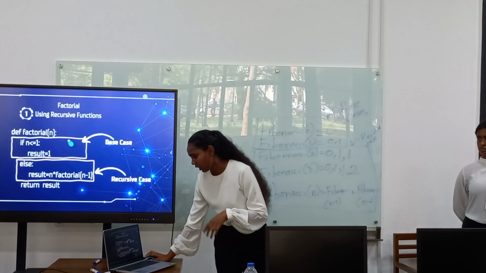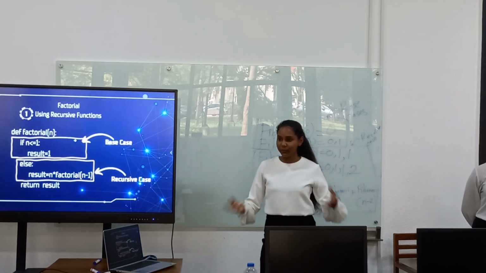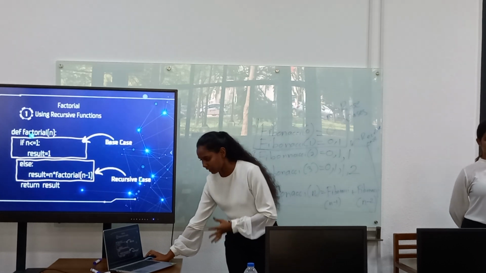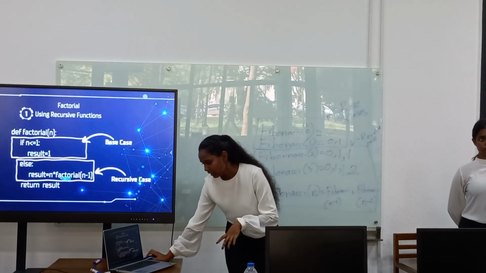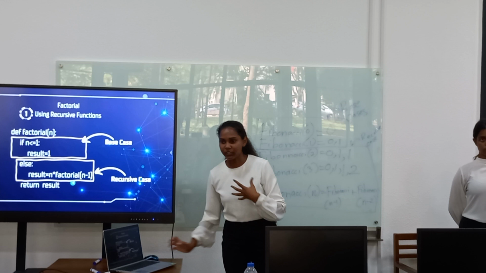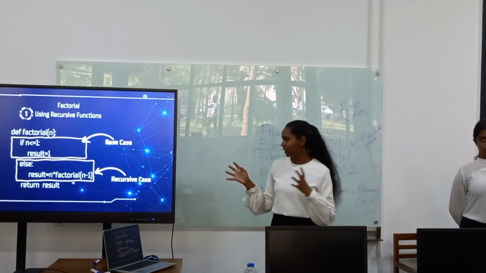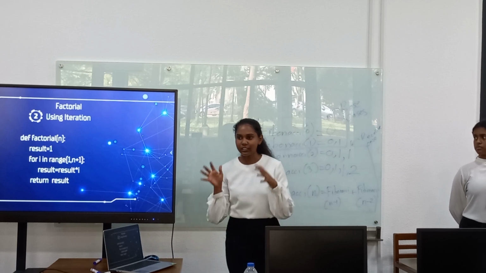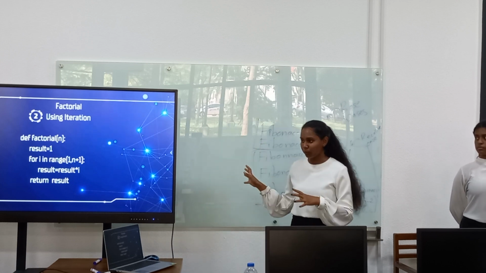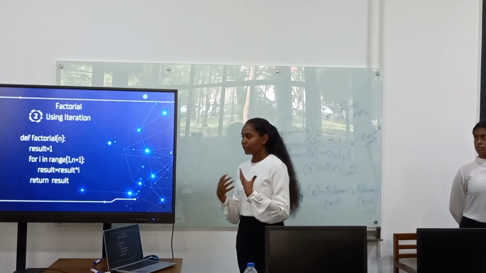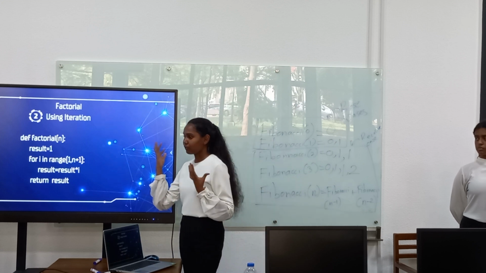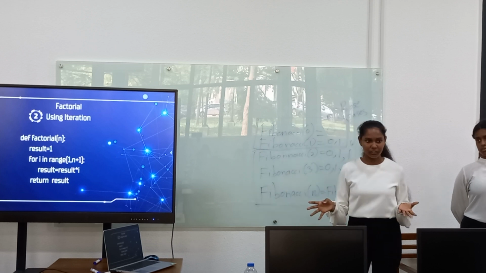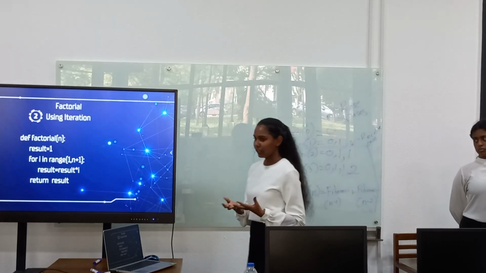Here, how did I maintain this repetition? By calling the function factorial again on the small instances of this subproblem. But in iteration, I have maintained this repetition using a for loop, because I haven't called the function factorial again anywhere in this function. You get what I'm saying?